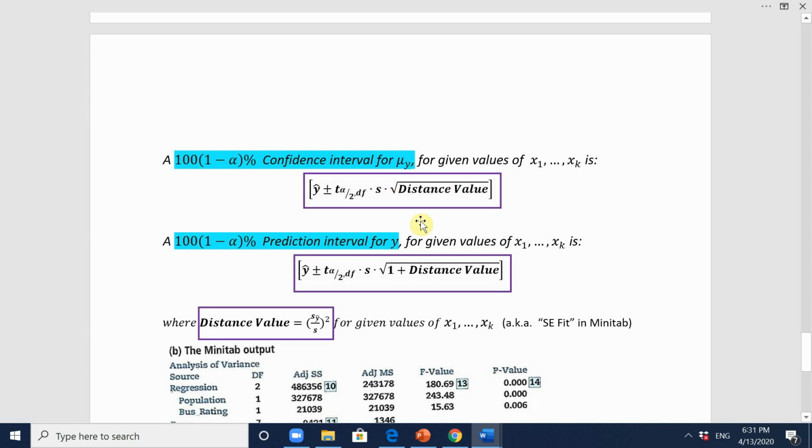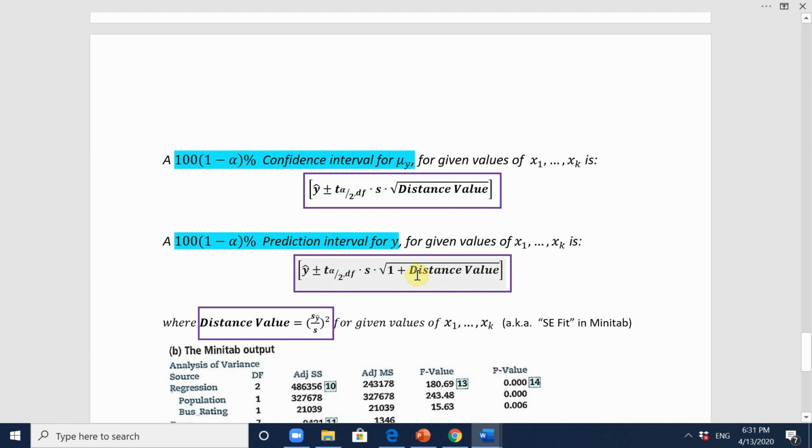What I'm saying right now applies to both confidence and prediction intervals, so take note of that. And so if you have a larger margin of error, then you have a wider confidence interval and prediction interval.